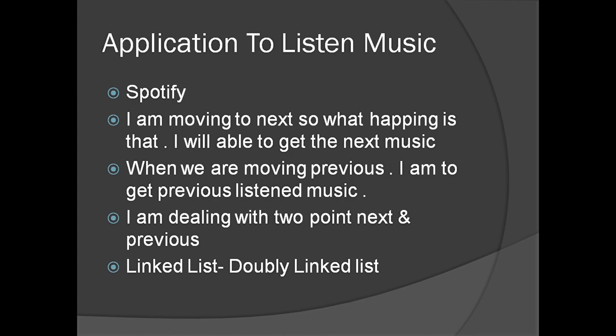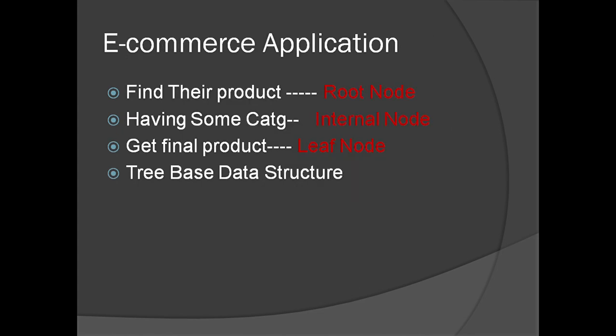Next we see an e-commerce application. On an e-commerce website, you find the products; this is called the root node. We have some categories and sub-products, which are internal nodes. Under that I get the final product which I want to order, and it's called a leaf node.